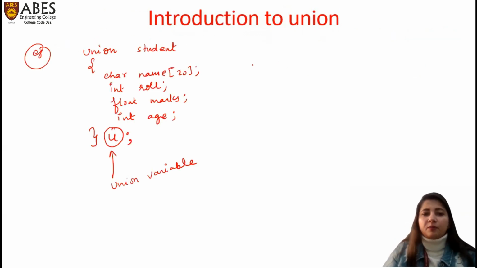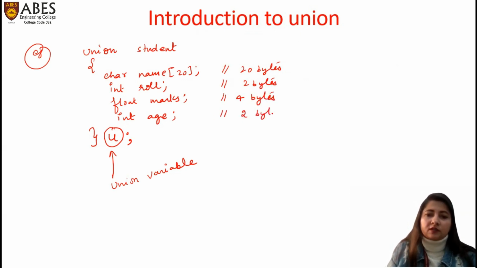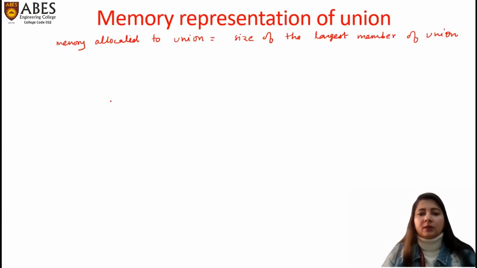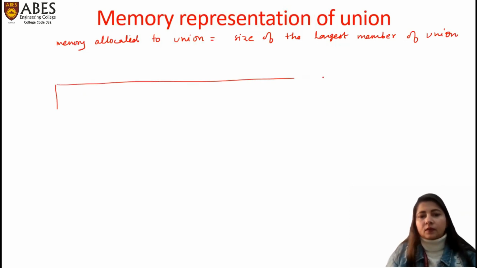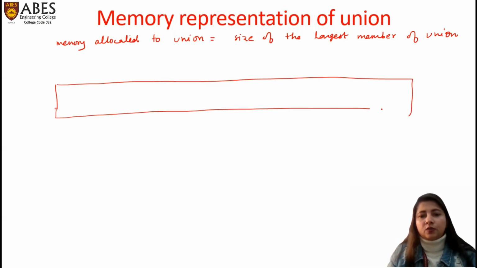So in this example, name is of 20 bytes, roll number is of 2 bytes, marks is of 4 bytes, and age again is of 2 bytes. So the largest member is of 20 bytes. So this union variable U will be allocated 20 bytes.